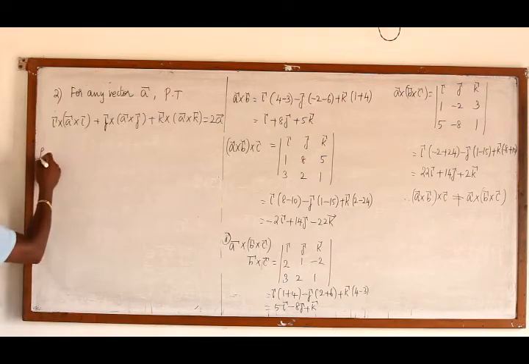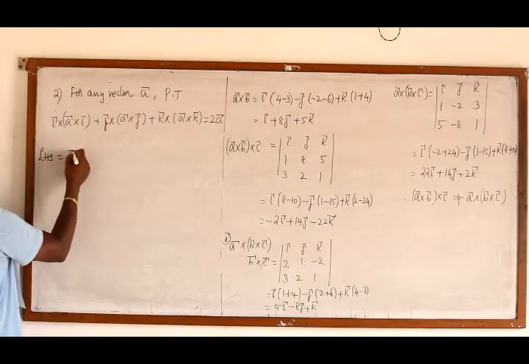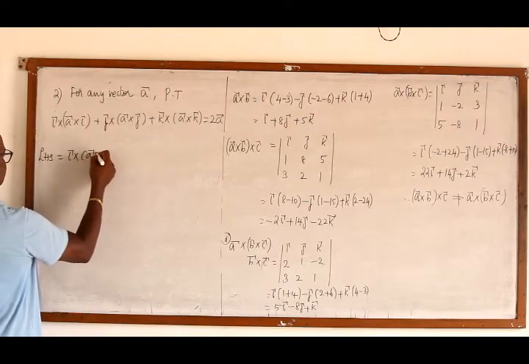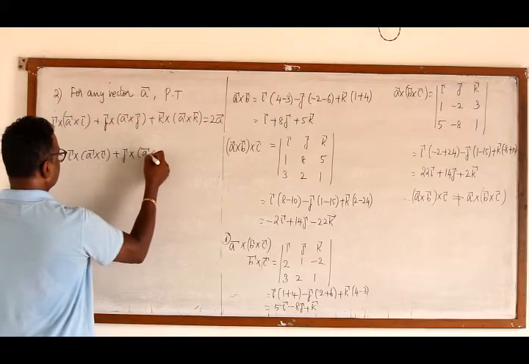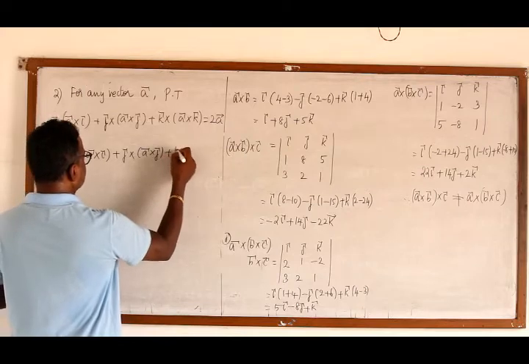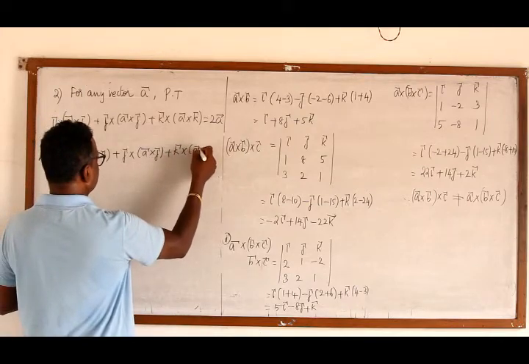We shall take the left hand side: i cross (A cross i) plus j cross (A cross j) plus k cross (A cross k).